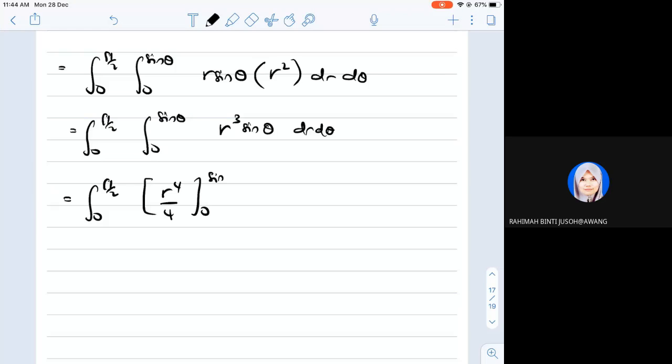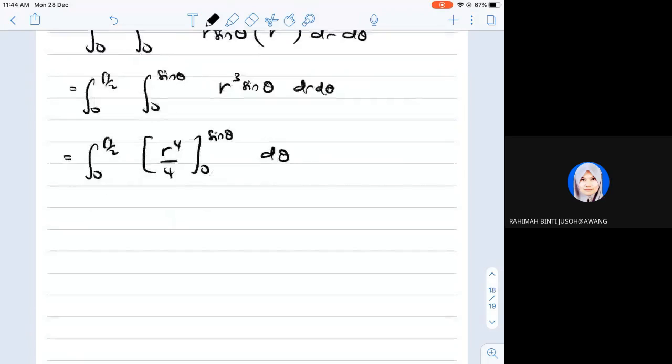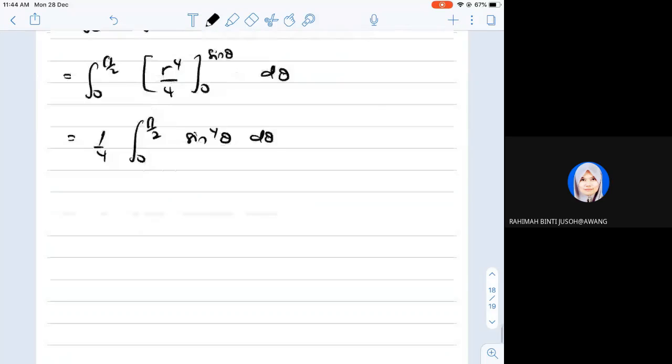Substitute 0 and sin theta. So we have d theta. Soalan ni pun menarik. Baik, saya buat. So 1 over 4, dia jadi macam ni guys. Pi over 2, sin to the power of 4 theta, d theta.